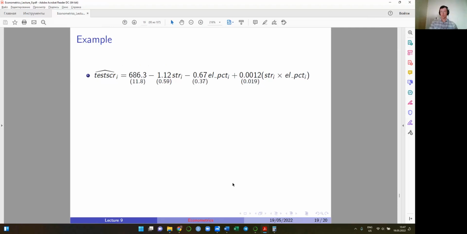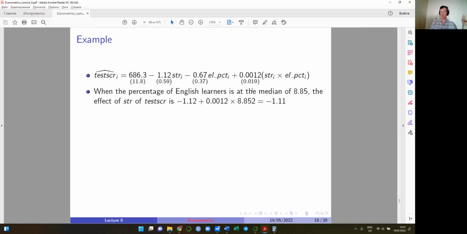Here is the estimated model for our example when we regress on two continuous variables, and the coefficient is also not statistically significant, but I wanted to show you the application. For example, if you take the median district, the effect is going to be minus 111.